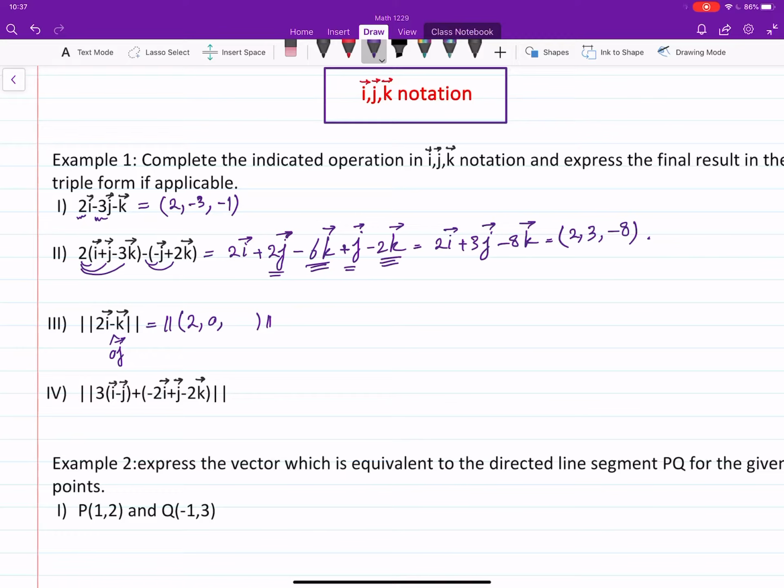And the third component is the coefficient of K, which is negative 1. Well, if someone gives you a vector with components, to find the length, you need to square each component and then add them and then find the square root. This is 4 plus 0 plus 1, which is root 5.